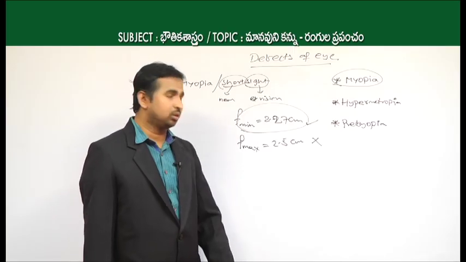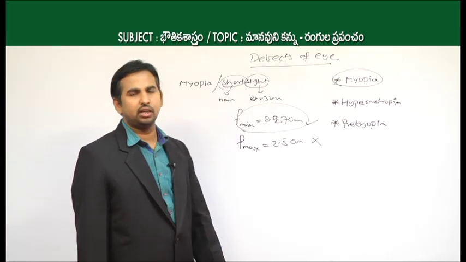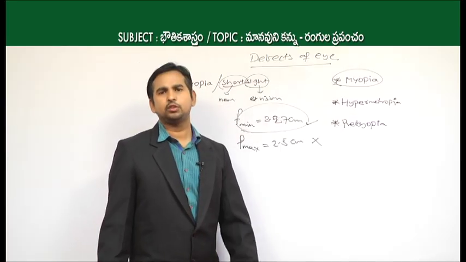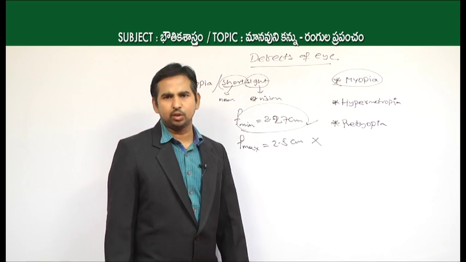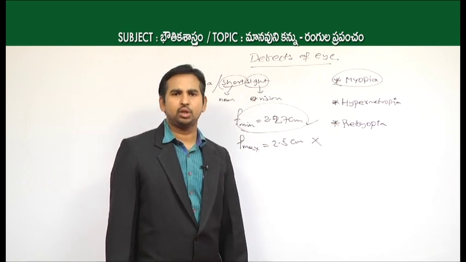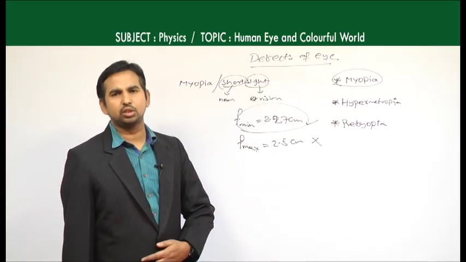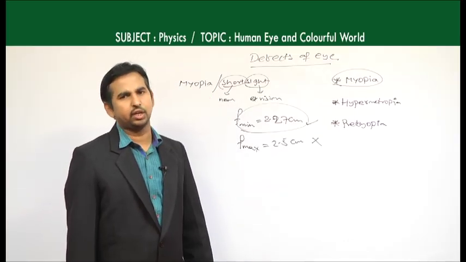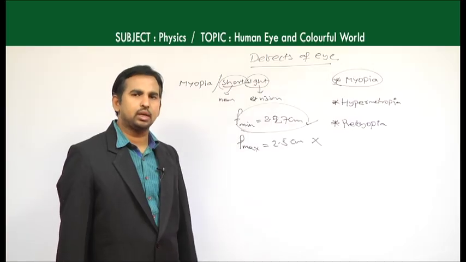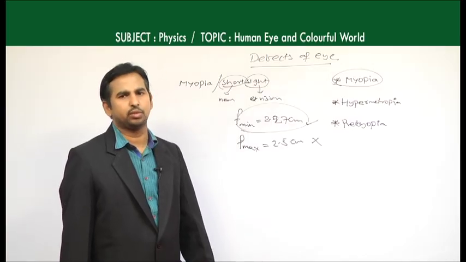Based on this, they mainly ask which type of defect we have with myopia. The defect is short sight, which means we can see near distant objects clearly, but not the far distance. The next question they ask is, what is the reason for this myopia?